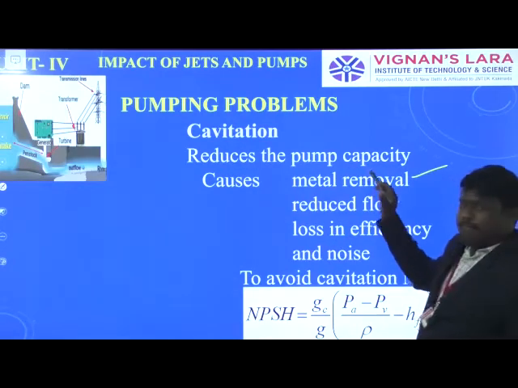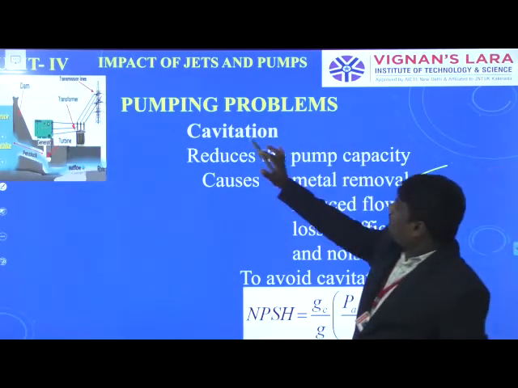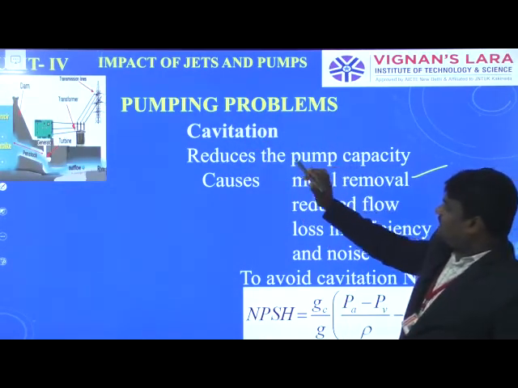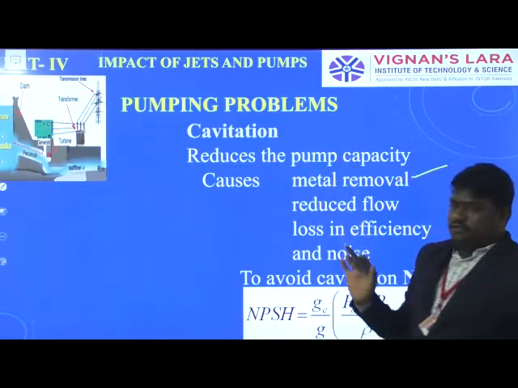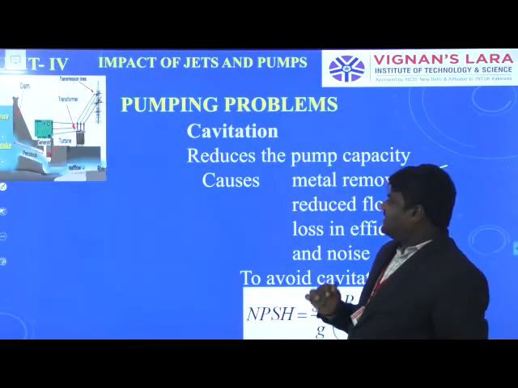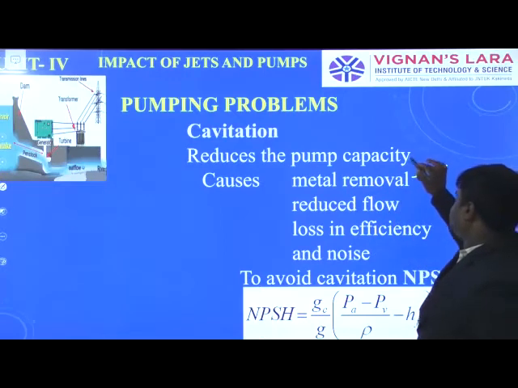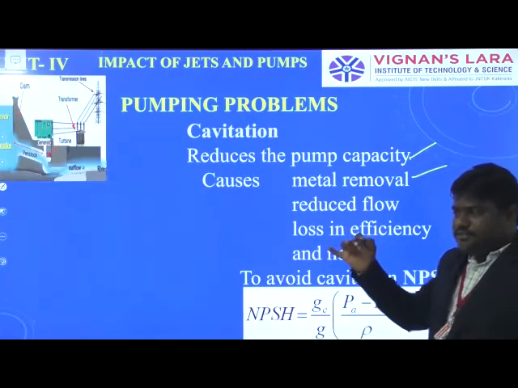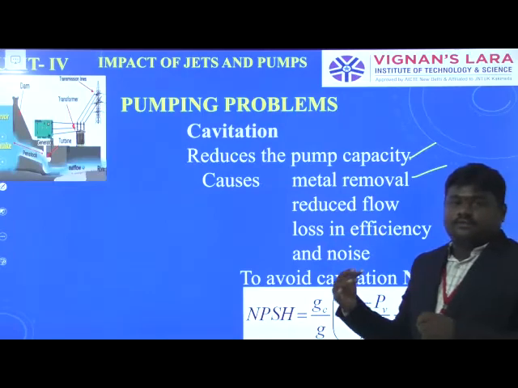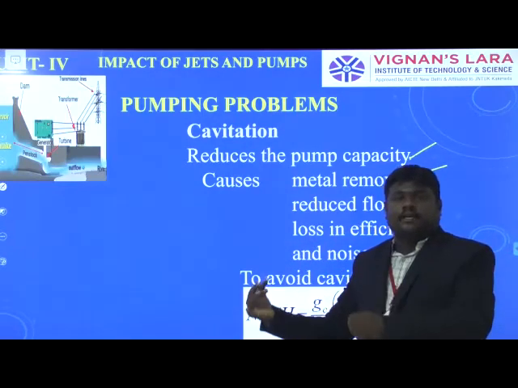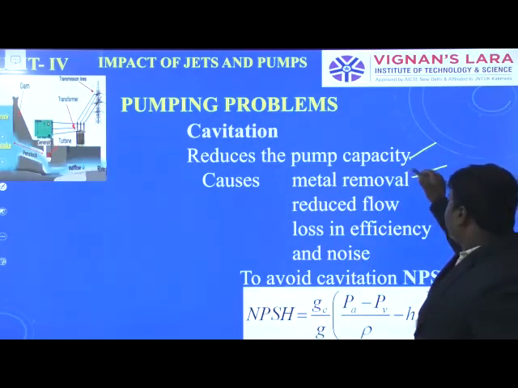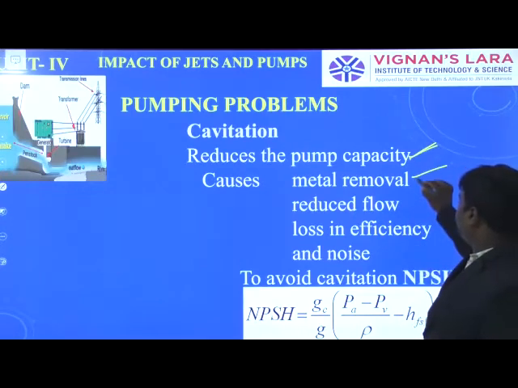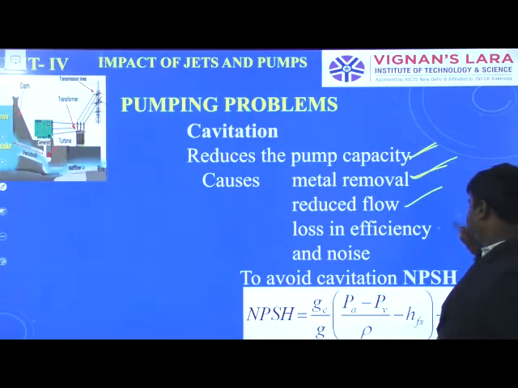First of all, it reduces the pump capacity. How much will be there in that particular pump? So cavitation causes metal removal and reduced flow, loss in efficiency or noise. To avoid the cavitation, NPSH.